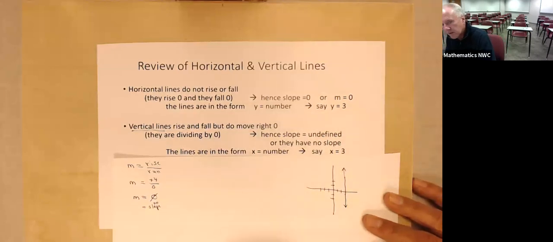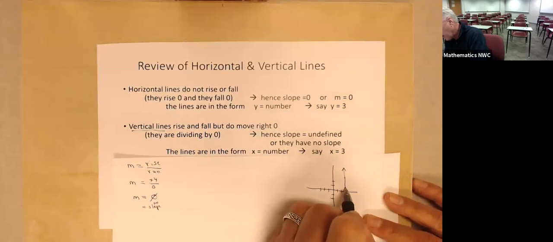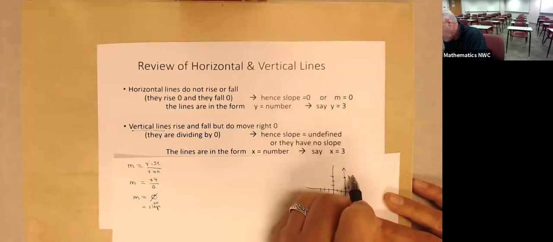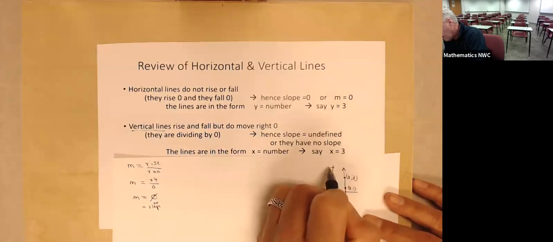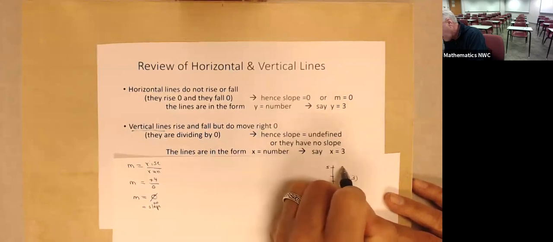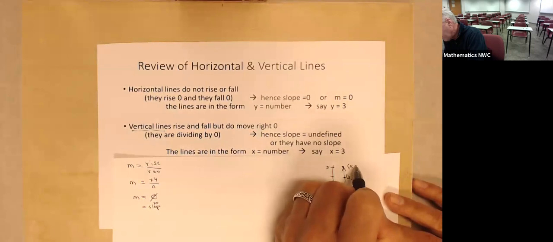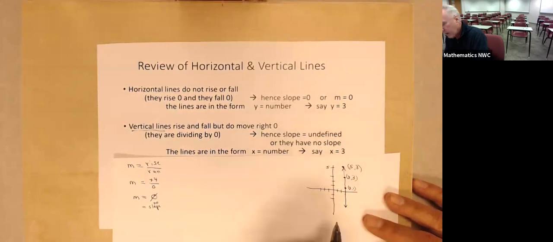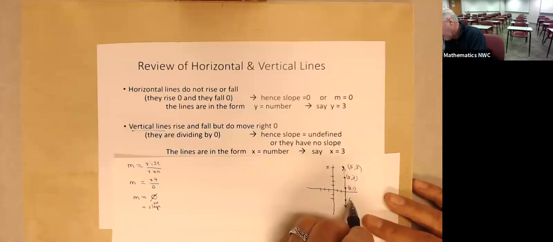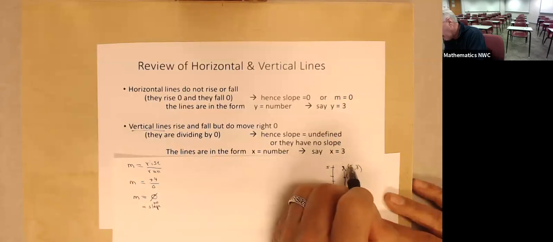One thing to notice is all these points right here, let's just take this one, would be 3, 1. This one up here would be 3, 3. Up here would be a point 3, 5. There would be one down here at, 3, 5.